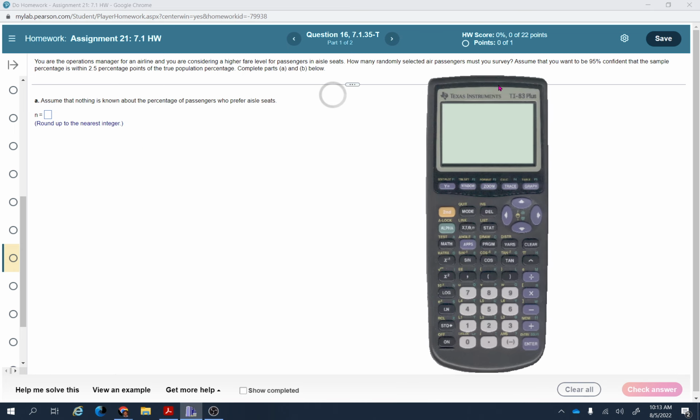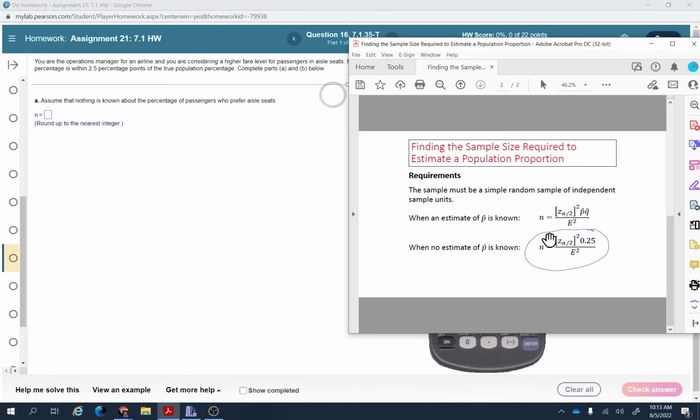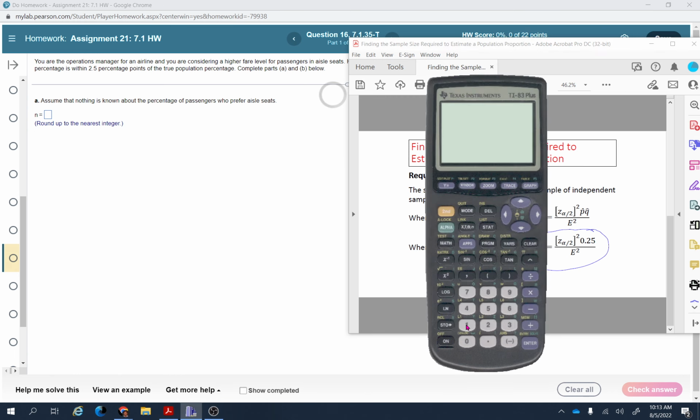First of all, we need to use this formula. We need to find the z value. For that, make sure your calculator is on, press second, vars, number 3, which is the invNorm function.